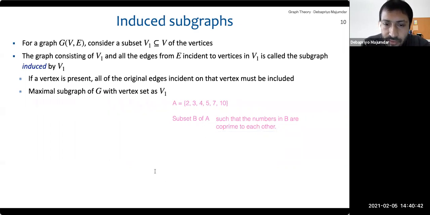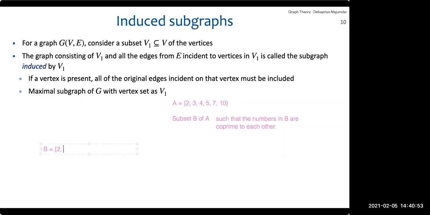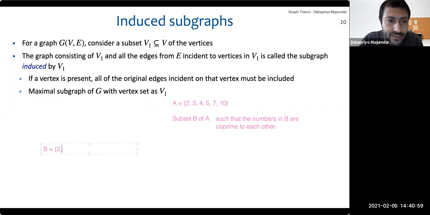Does everybody understand what it means? So let's say B is equal to 2, 3. Is it a valid subset according to this property? Yes, sir. What about 2, 4? No, sir. So you see that some subsets have this property and some subsets don't.